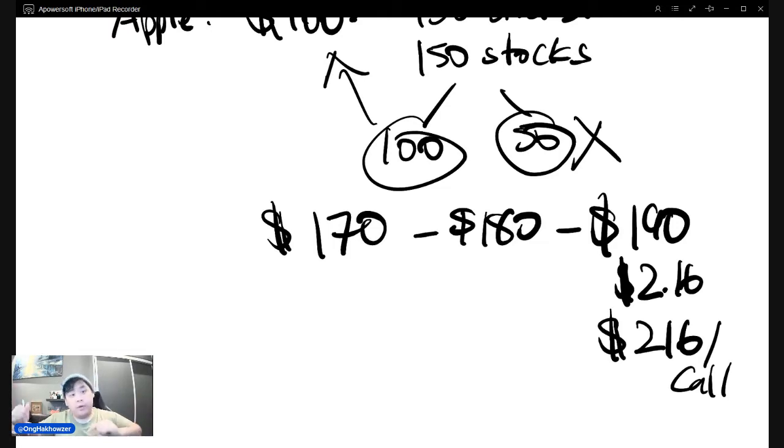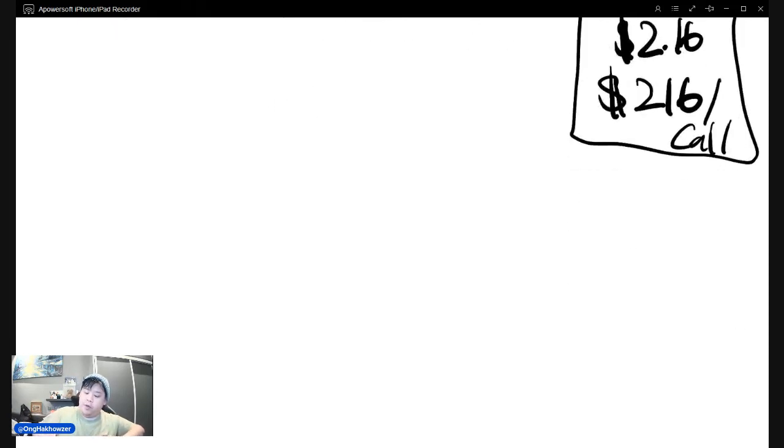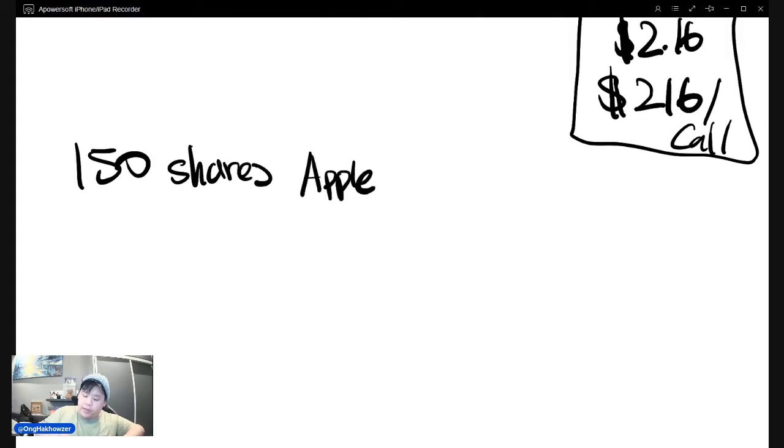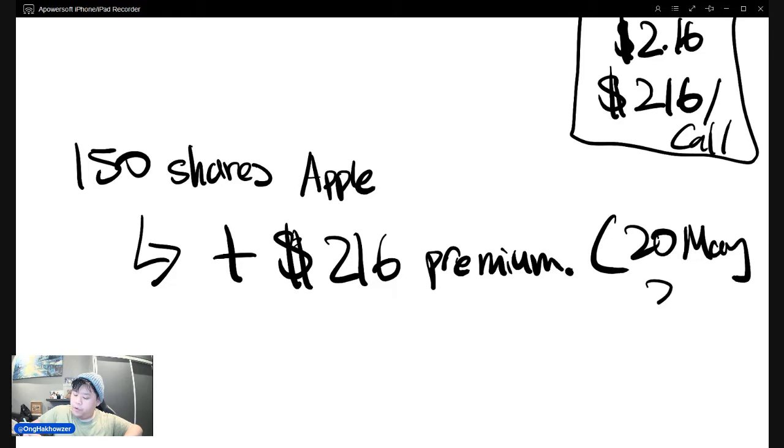Okay, so what I'm going to be doing here is that I am going to be selling a call contract. So with these 150 shares that I do own in Apple, I'll first be getting a $216 premium, and this will expire on the 20th of May 2022.